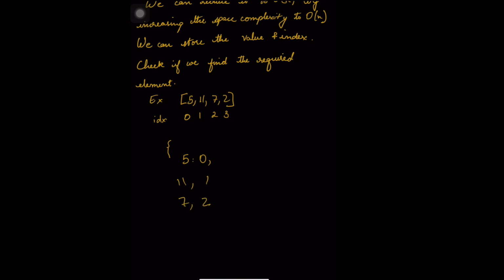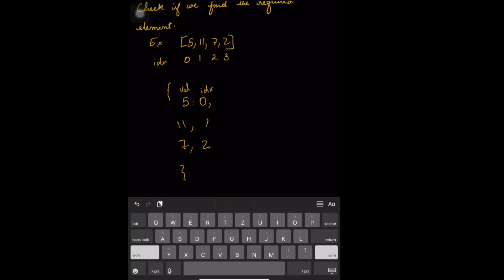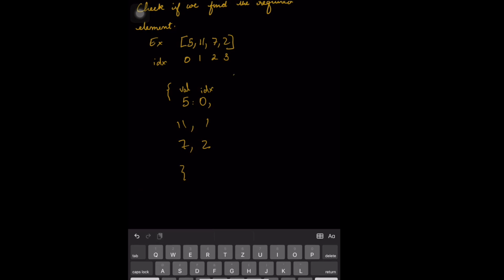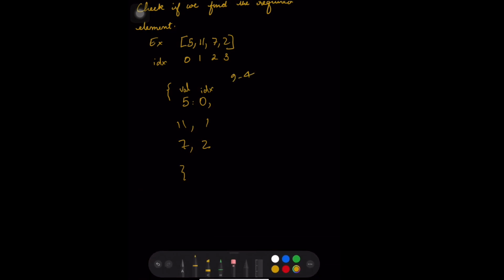For 7, the index is at 2. And what we'll do is we'll read 5. To get a target of 9, let's say you subtract 5 from 9, you get 4. Is 4 present in the map? Not really. We move again.